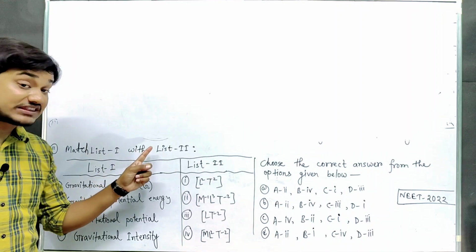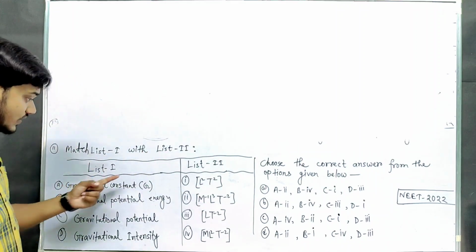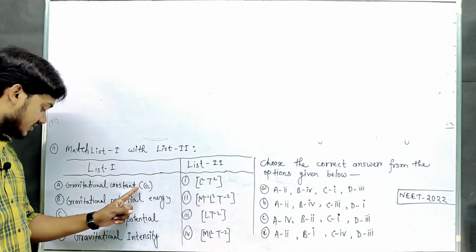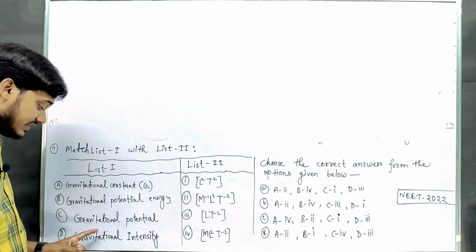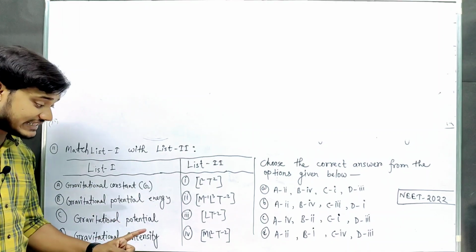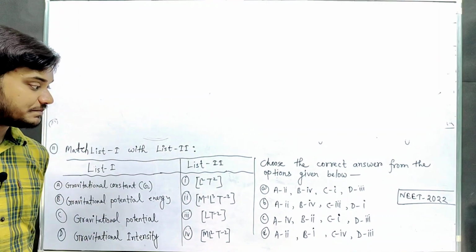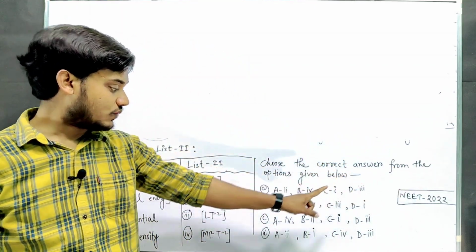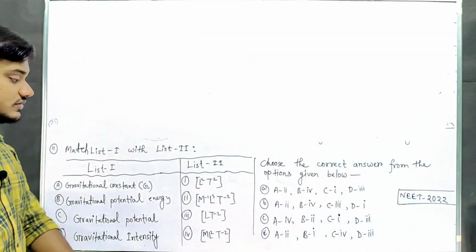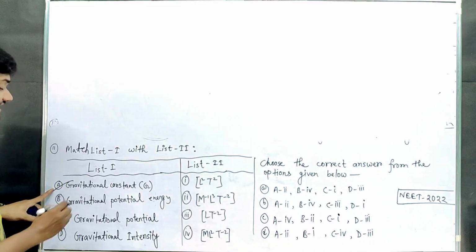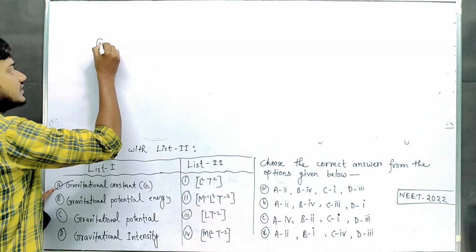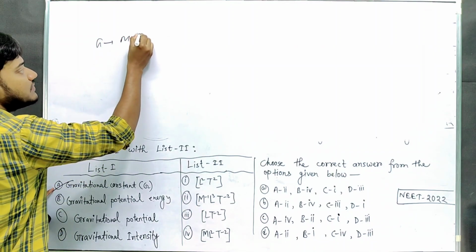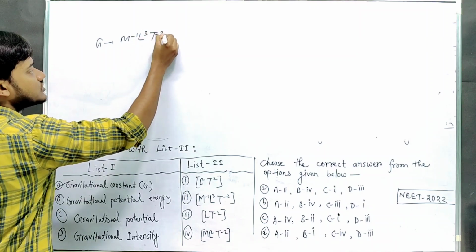Match list 1 with list 2. List 1, list 2: gravitational constant G, gravitational potential energy, gravitational potential, gravitational intensity. Dimensions. Choose the correct answer from options given below. These are the options. So the right answer will be: gravitational constant G का डायमेंशन होता है M inverse L cube T inverse 2.